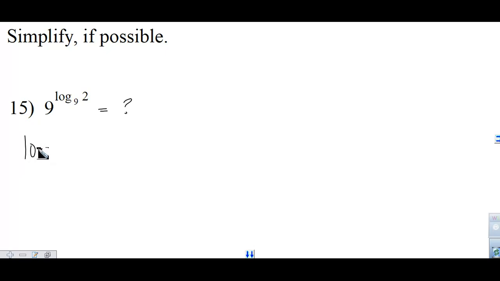If I rewrite it, and I take the base and put it in the basement, and remember, the power comes to this side, and the number comes here. Now I can compare. If I have a log base 9 equal to a log base 9, then these numbers have to be equal also. So the answer here is just simply 2.